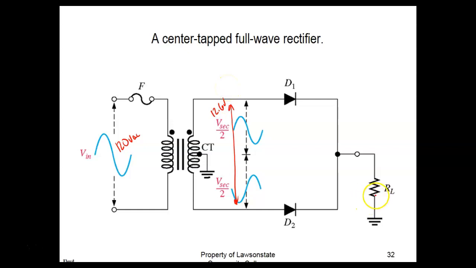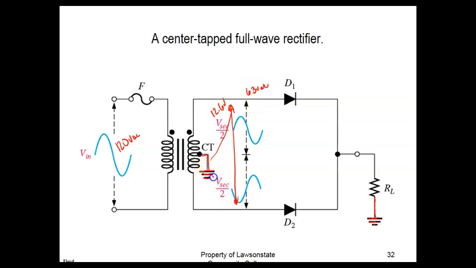But notice our load is not connected between here and here. Our load is connected, its common is the center tap. So all this guy up here is seeing relative to common. If I was to measure this, it's going to measure 6.3 volts AC.